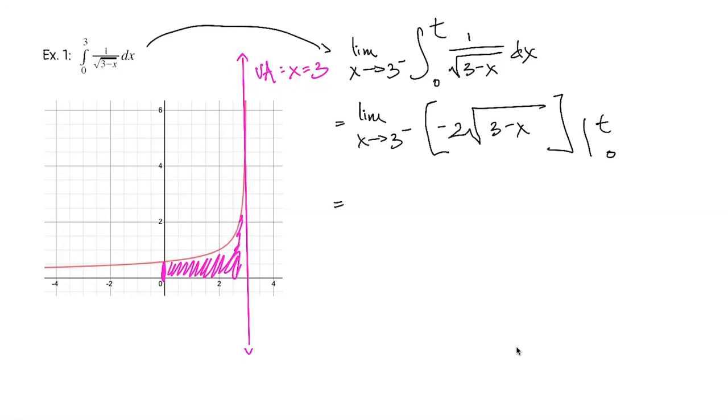Let's keep this -2 out in the front. I'm going to get square root of 3 minus t, minus square root of 3 minus 0.